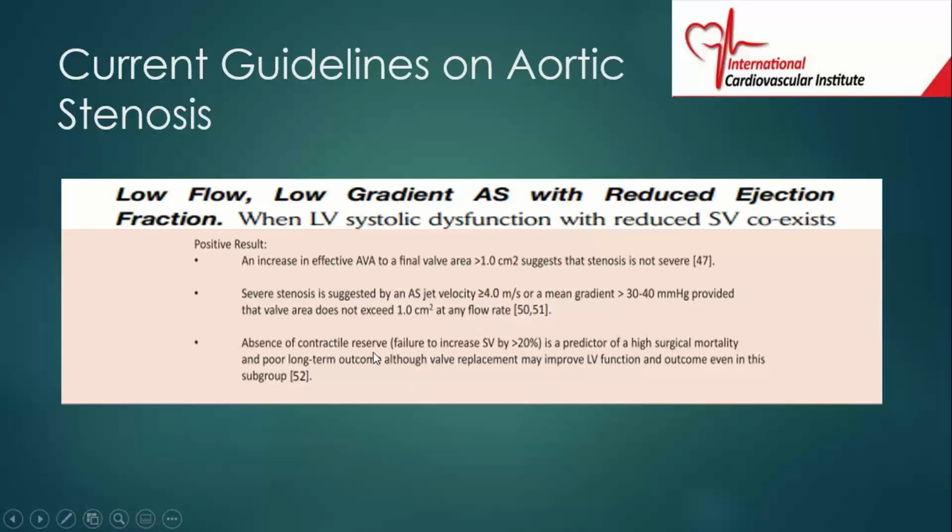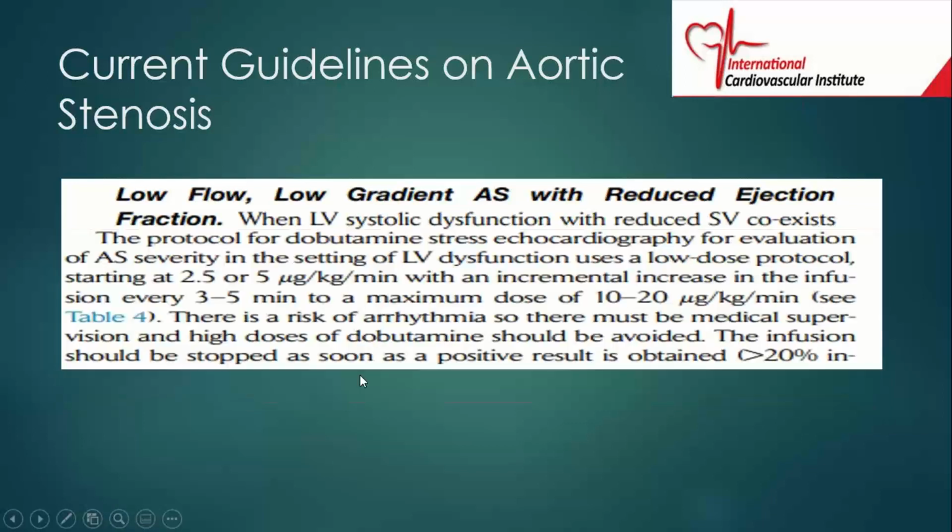You're giving them dobutamine and it could not increase the contractility, the absence of contractile reserve. These patients have poor surgical outcomes, they have high surgical mortality. You take them to surgery, they're not going to do well because the heart muscle is so damaged. So it's important to look at this group as well.